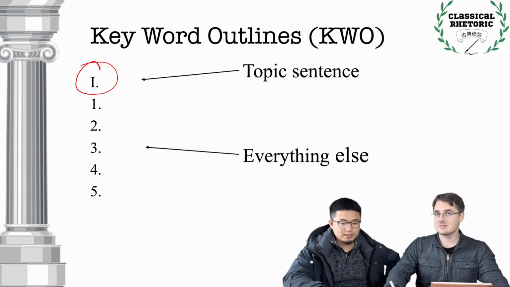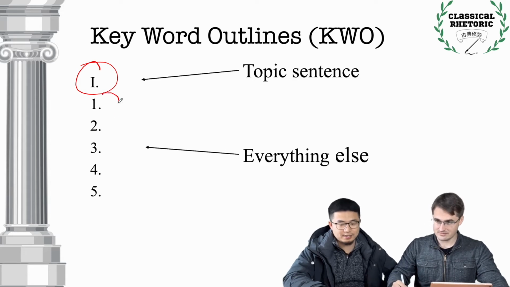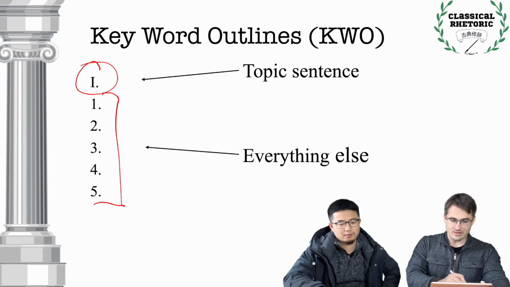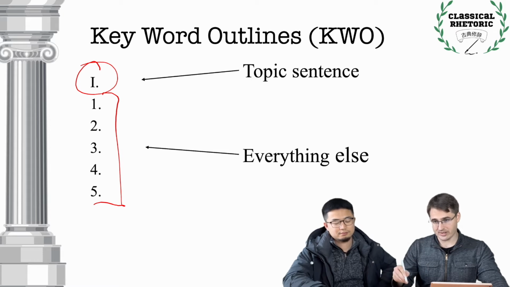Down here, you can see 1, 2, 3, 4, 5. These will be everything else, your details, your supporting arguments, your conclusions, anything else.